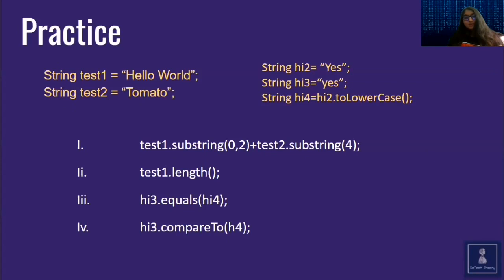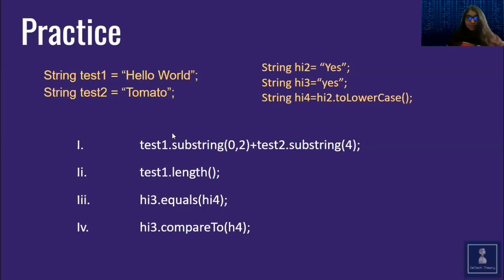test1.substring(0, 2) plus test2.substring(4). Now let's break this step by step. test1.substring(0, 2), which means we start at 0 and we end at 2. So 0 and 1, because we don't include the last index, and we get the letters HE from here.